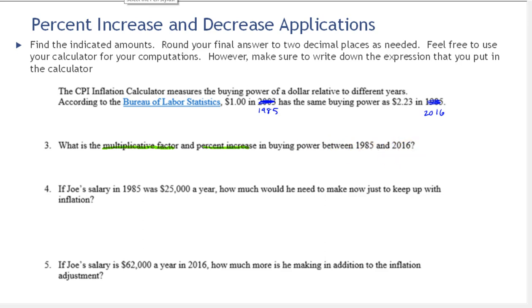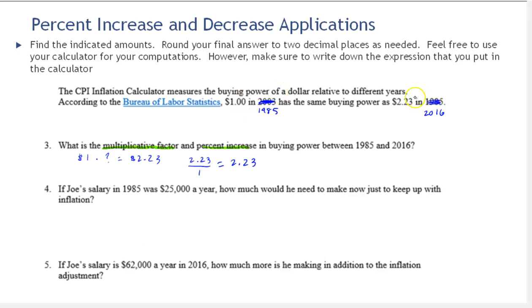Well, to go from $1 to $2.23 in 2016, we'd want to find the ratio of 2.23 to 1. So the multiplicative factor is 2.23. And that's why we use numbers like $1 as a reference, so we can see how many times as large a new year is.